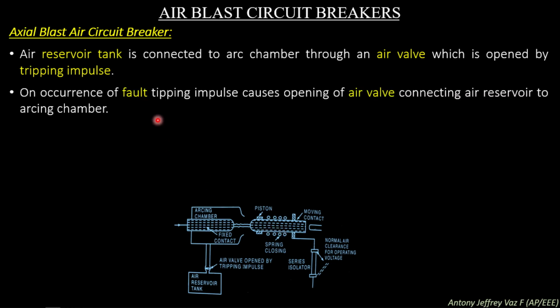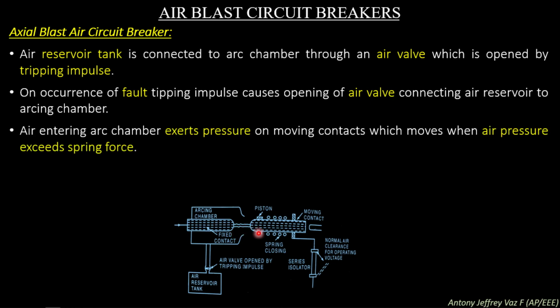On occurrence of fault, tripping impulse causes opening of air valve connecting air reservoir to the arcing chamber. So, if the fault occurs, at once the valve is tripped using the tripping impulse, and at once the air will flow through the arcing chamber and push the arc outside axially.